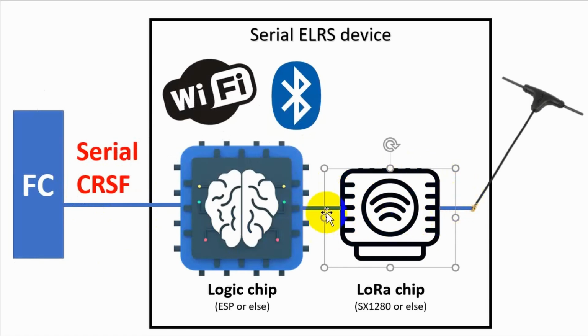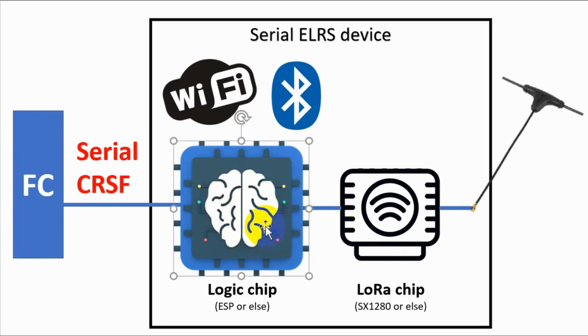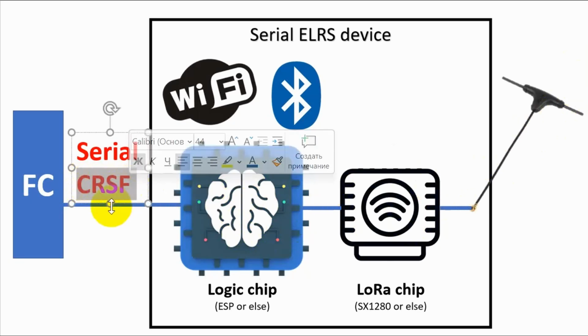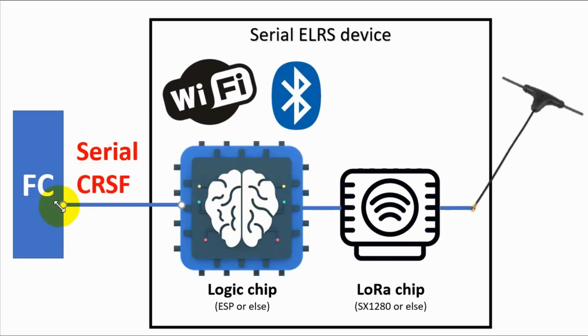The packets like data packets, telemetry or sync packets that we looked at earlier in this video are formed by the logic chip and then transmitted by air. That is not equal to the data transferred by this wire between the flight controller and the chip. So this CRSF, surprise, is the Crossfire protocol.